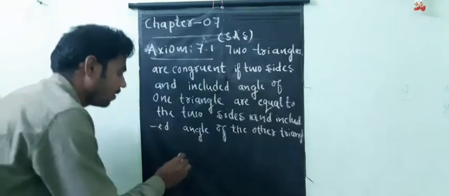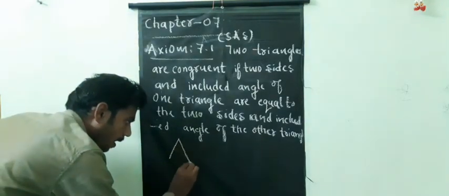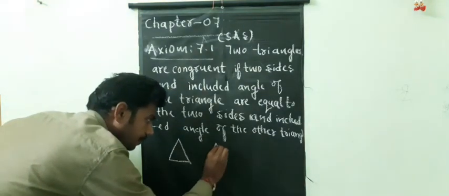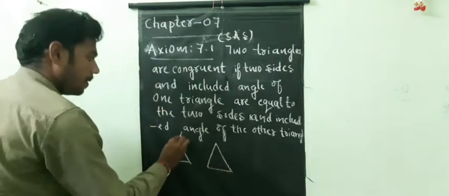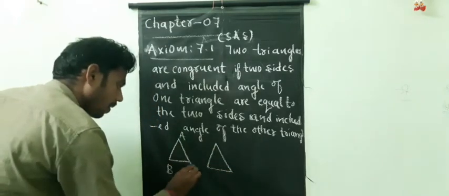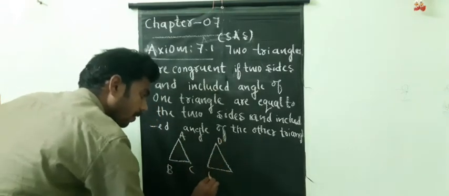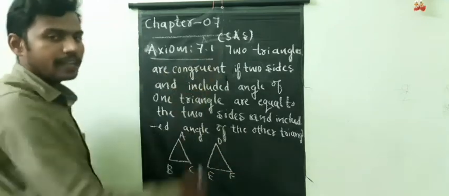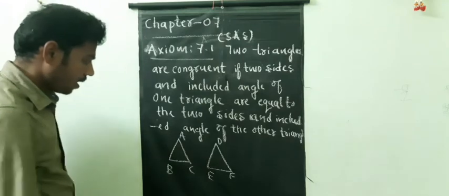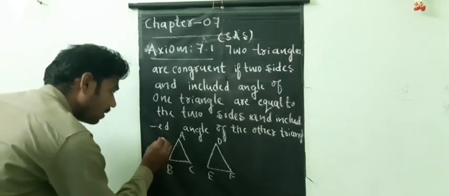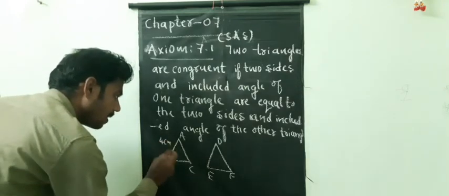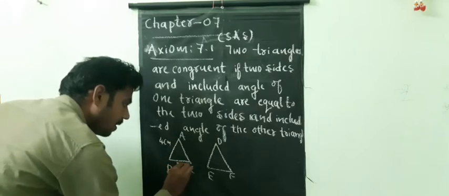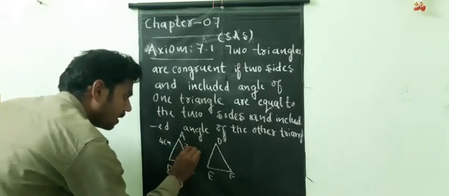What does it mean? See, if I take 2 triangles, ABC and DEF, and I want to say these 2 triangles are following the SAS criteria, now this is 4 centimeter, this is 3 centimeter, this is 7 centimeter.